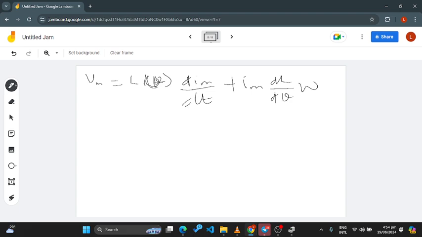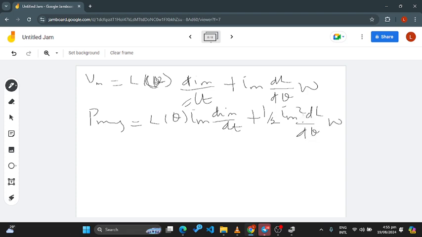And remember, we had the magnetizing power P equal to L of theta times Im dIm/dt, plus half Im squared dL/dθ times omega.